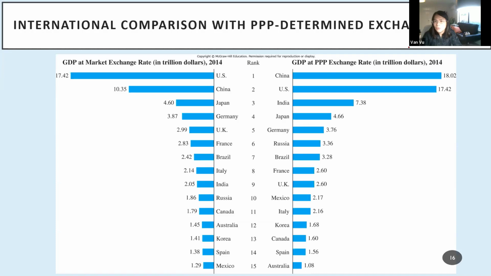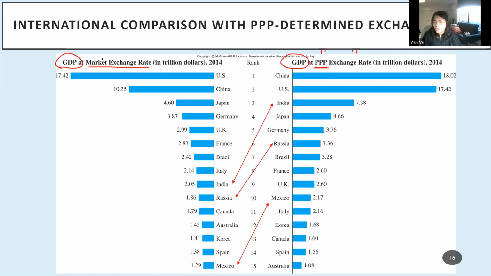In this example, we are comparing the GDP that we calculate using the actual market exchange rates and the GDP that would have been if we had used the PPP exchange rate. You can think of this as a fair value for the GDP, and this is the actual GDP.